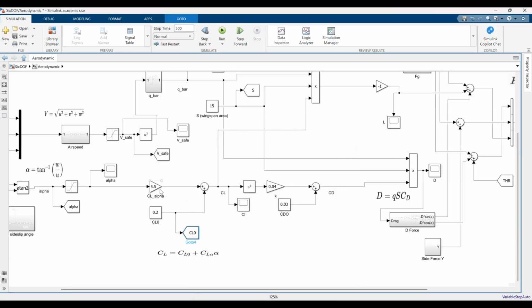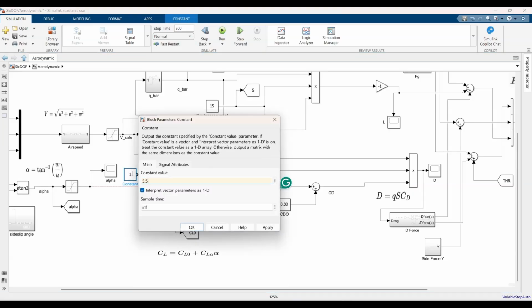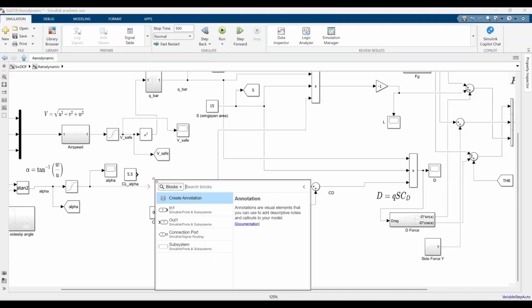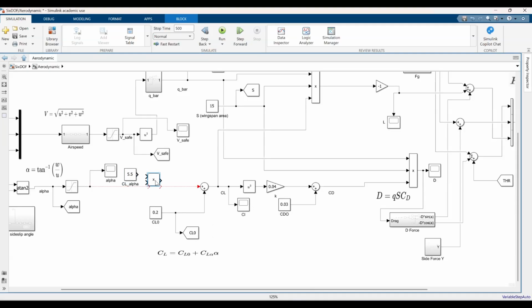Okay. Now CL alpha is again a gain. So a workaround with that is cancel that. Use a constant. It was 5.5 before, I forget. And then this is CL alpha, right? So I write that down, CL alpha, and then I can use a product. Exactly what we did with the throttle system earlier I showed you.